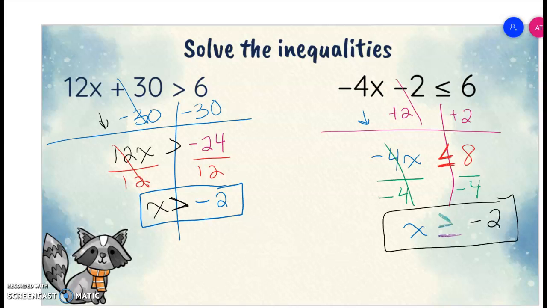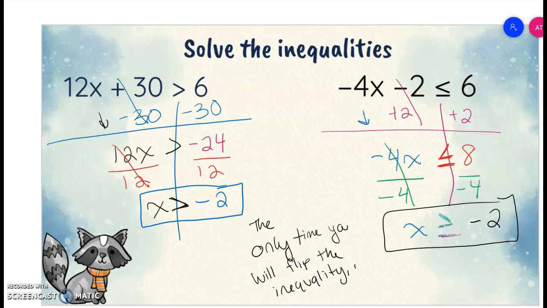So the only time you will flip the inequality is when you are dividing by a negative number.